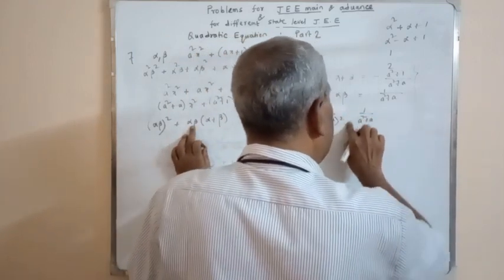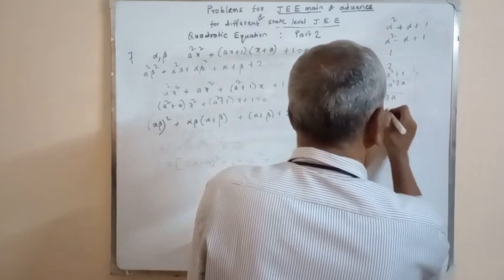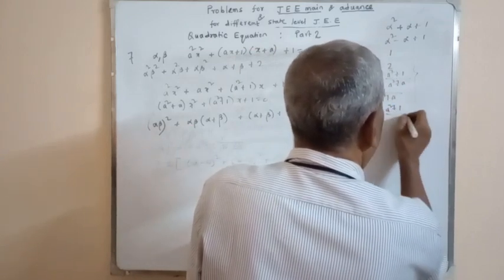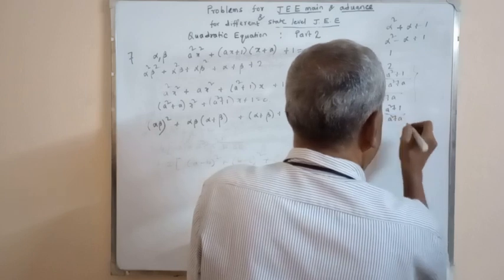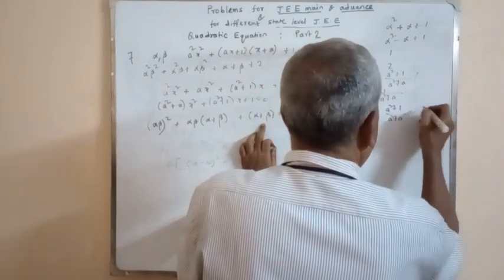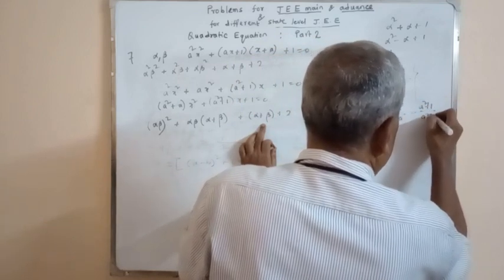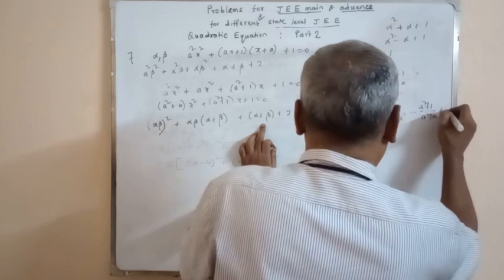So a minus sign would be there: minus (a square plus 1) by (a square plus a). Then alpha plus beta, minus (a square plus 1) by (a square plus a), plus 2.